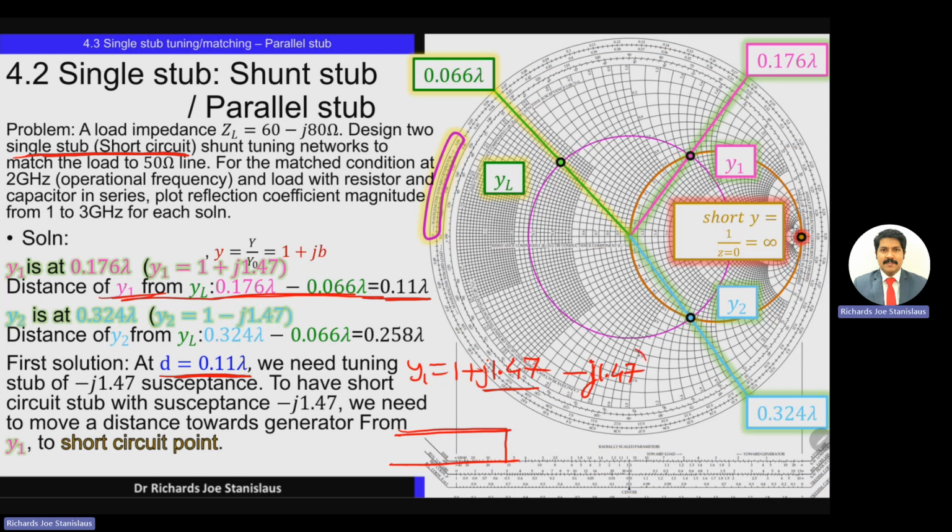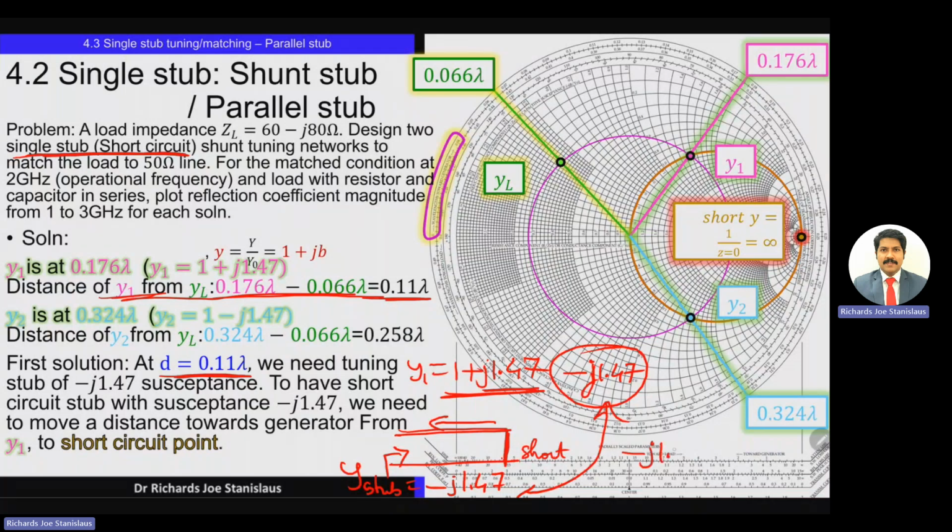From the short circuit, we need to move to a point where our stub's admittance will be equal to minus j 1.47, the one with which we are going to cancel out the reactive part of Y1. Right? So for cancelling out, we are having this stub attached in parallel. So the starting point is short circuit and the ending point is minus j 1.47.